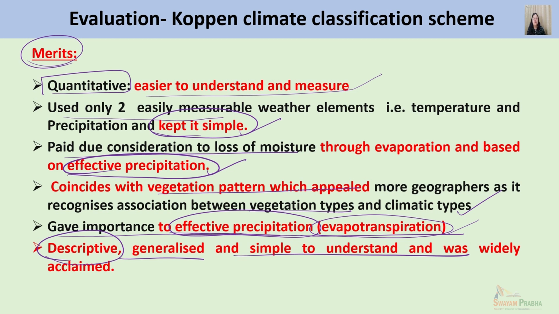And whether that person was directly from physical sciences or not, it was visually understandable, since a world map corresponding to the vegetation types was available for the Koppen's climatic classification. So it was easier to identify, easier to visualize, and to understand.